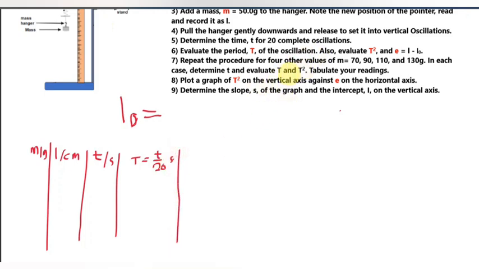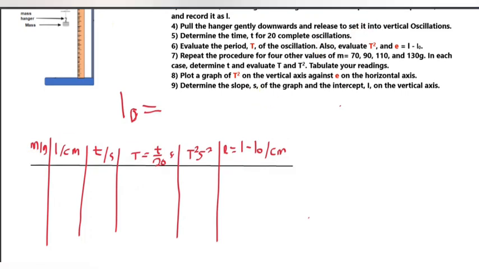Then we are going to evaluate T squared, that means seconds squared. Then we have to also evaluate e is equal to L minus L0. So we are going to have e, and this will be in cm also. So this is my composite table.